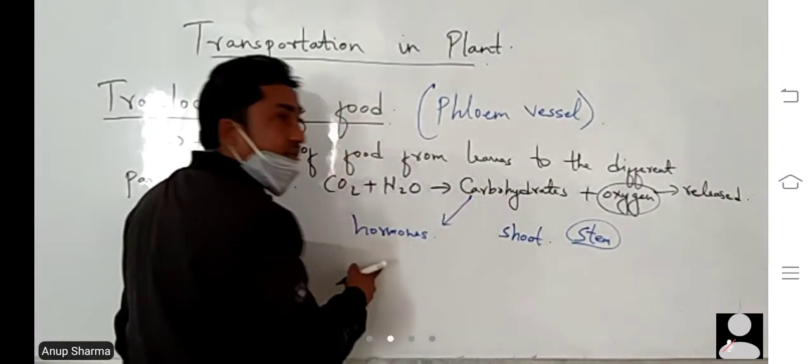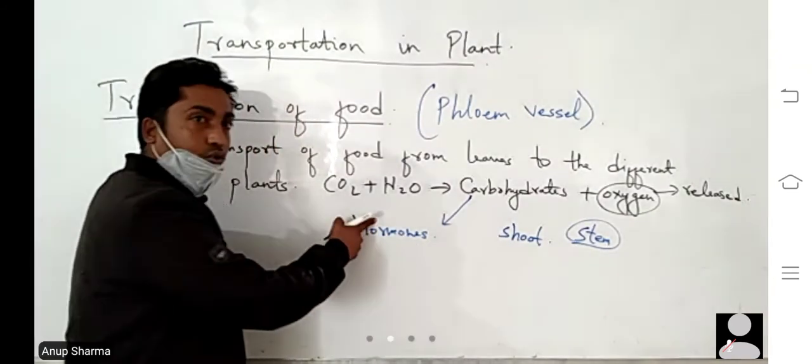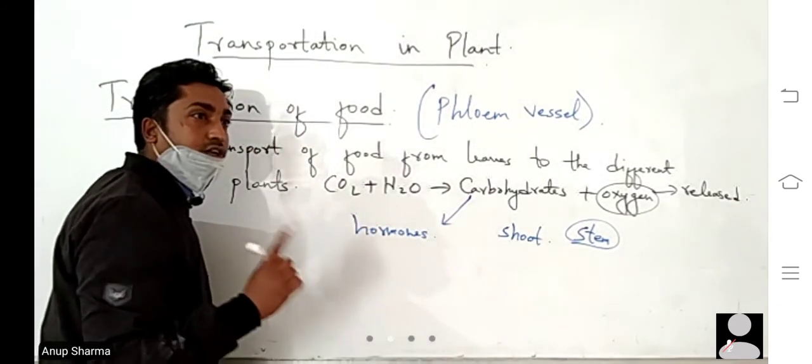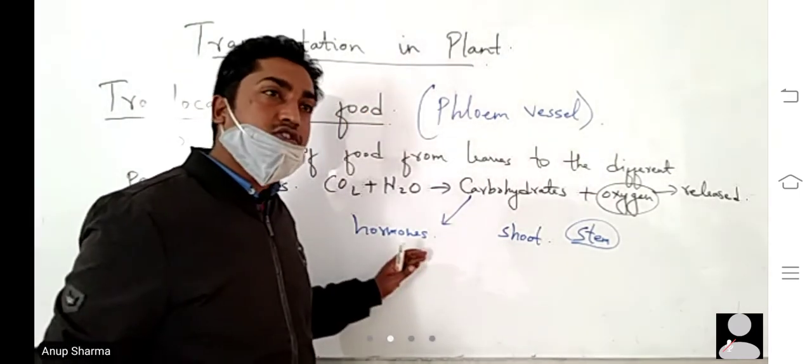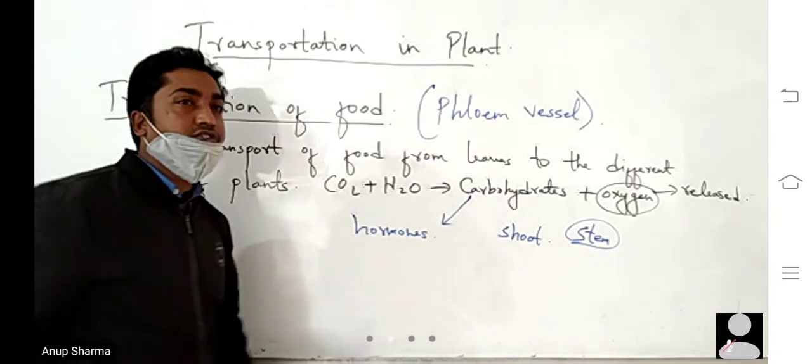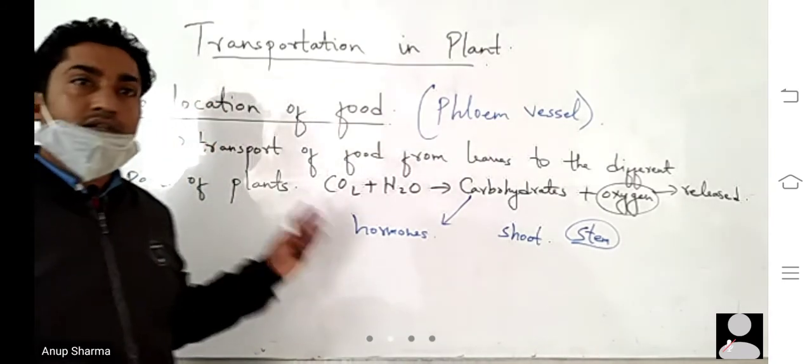These carbohydrates and hormones get mixed, because hormone is important for growth. We also synthesize hormones from the pituitary gland and other glands.